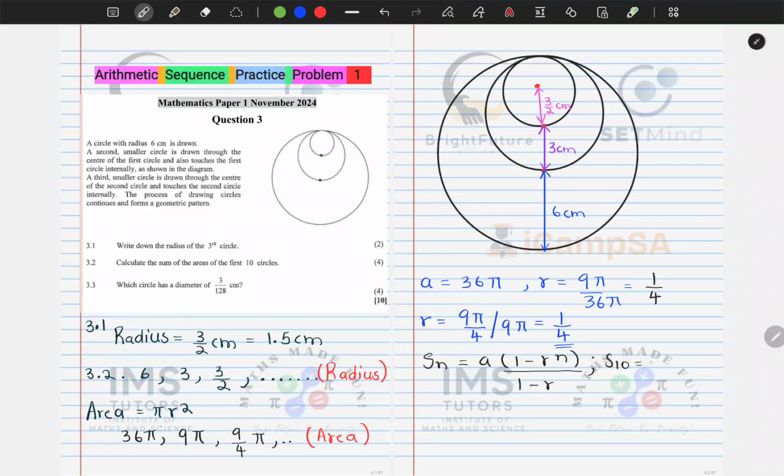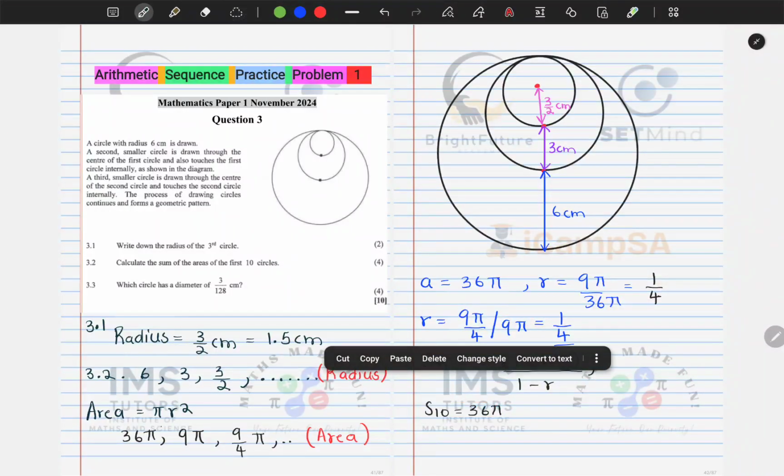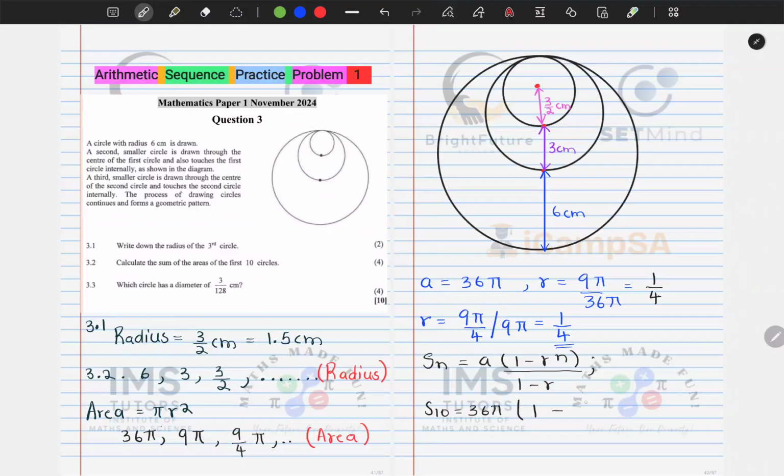So this will give us the first term, which is 36 pi. So we'll have our A, which is 36 pi, 1 minus our R, which is 1 over 4, all to the power of 10. And all of this will be divided by 1 minus R.